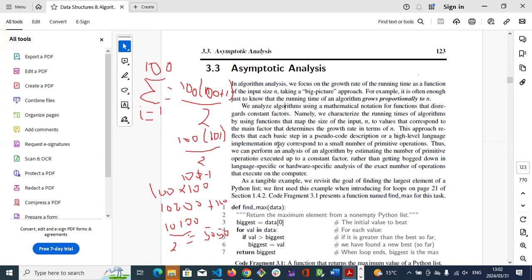Each basic step in a pseudocode description or a high-level language implementation may correspond to a small number of primitive operations. We can perform an analysis of an algorithm by estimating the number of primitive operations executed, up to a constant factor, rather than getting bogged down in a language-specific or hardware-specific analysis of the exact number of operations that execute on the computer.